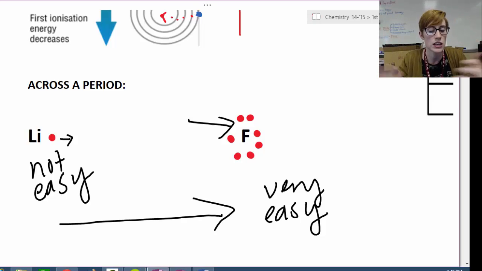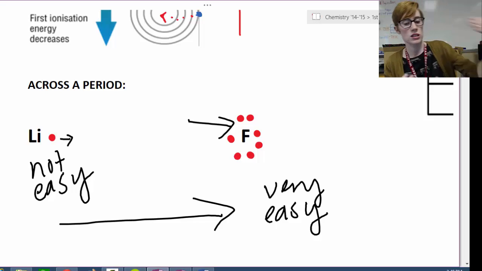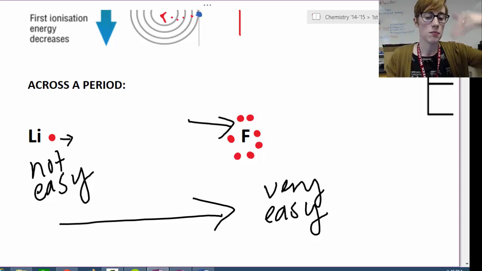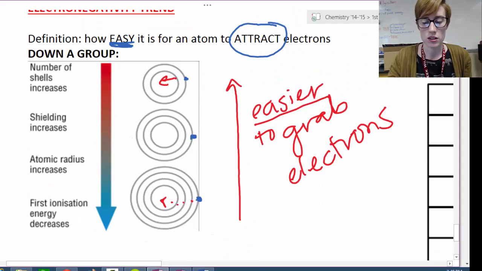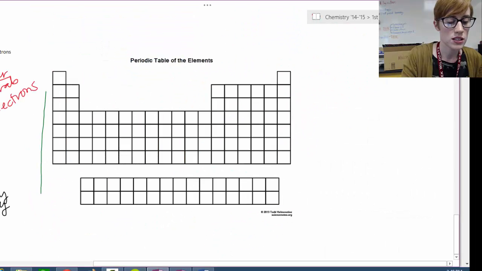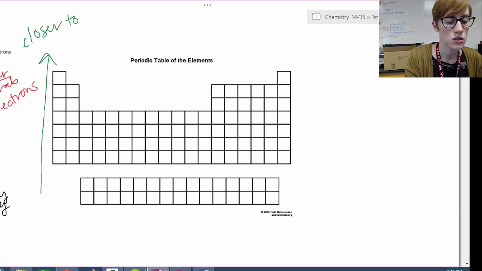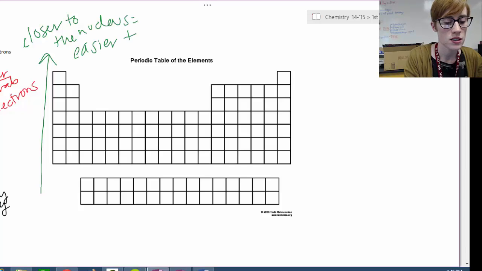Our electronegativity, our attraction for electrons, increases this way, and it also increases up the periodic table as well. So let's go ahead and write that out. So it increases here, right? Because closer to the nucleus or a smaller atom means it's easier to attract electrons.